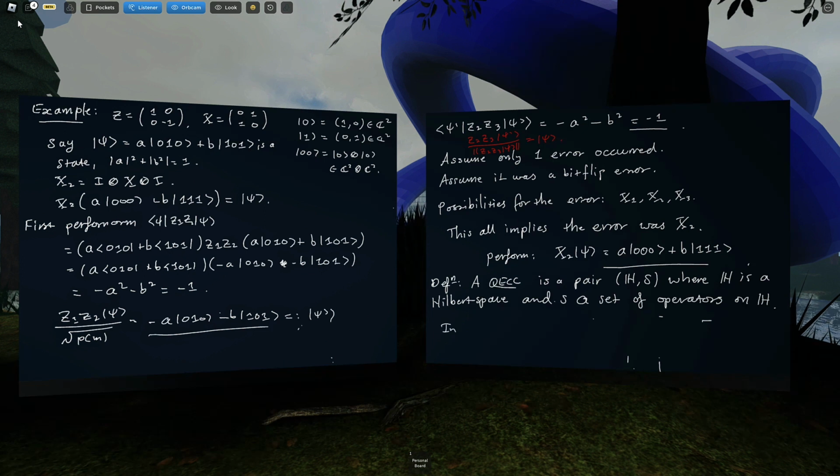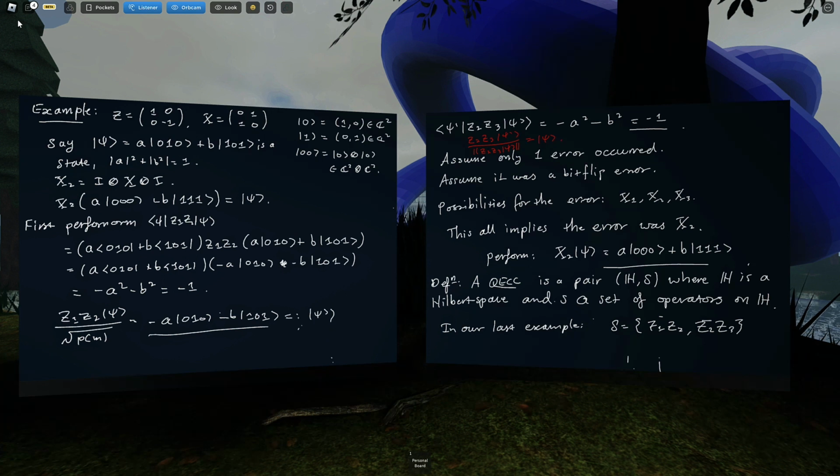Okay, and then in our last example, we had that S was equal to Z1, Z2, and Z2, Z3.